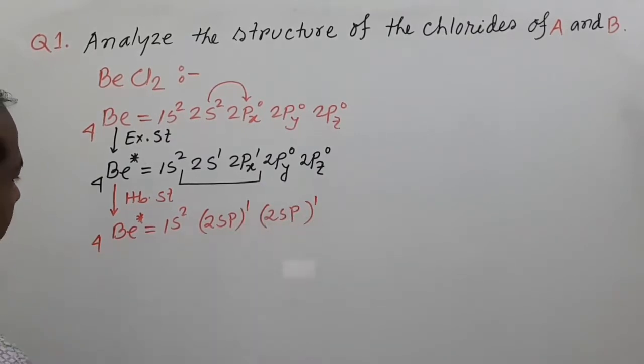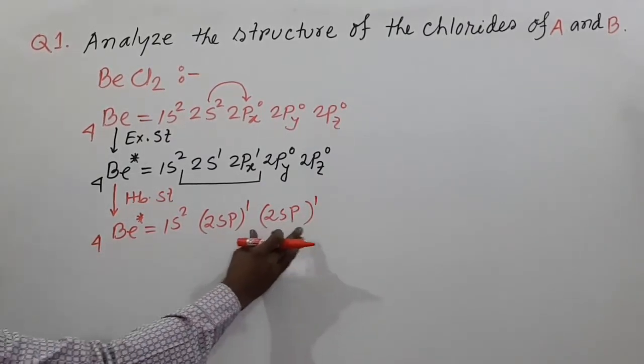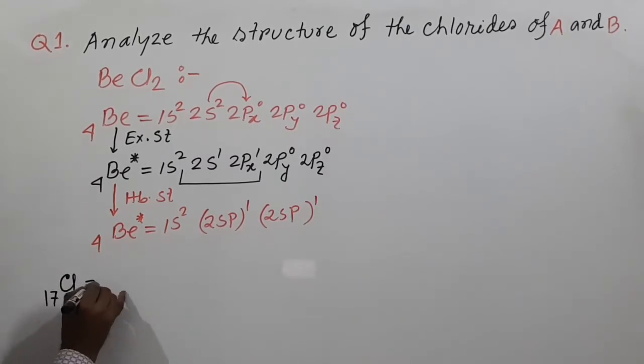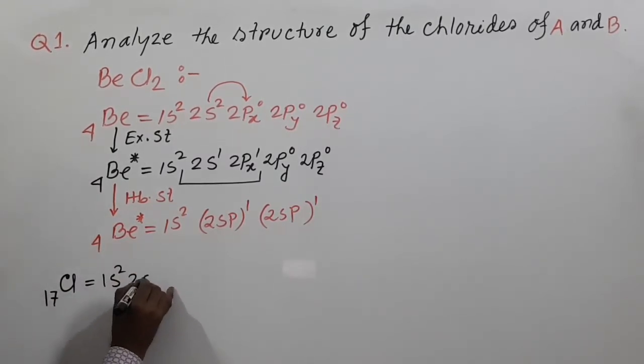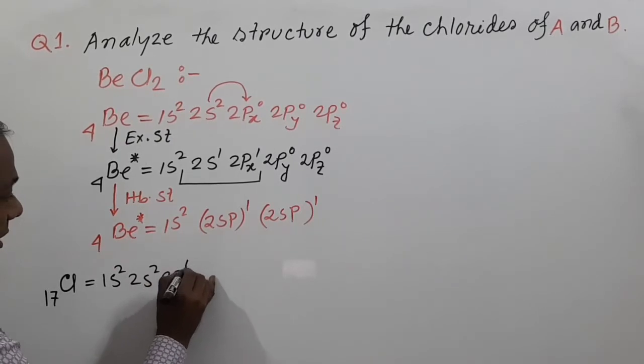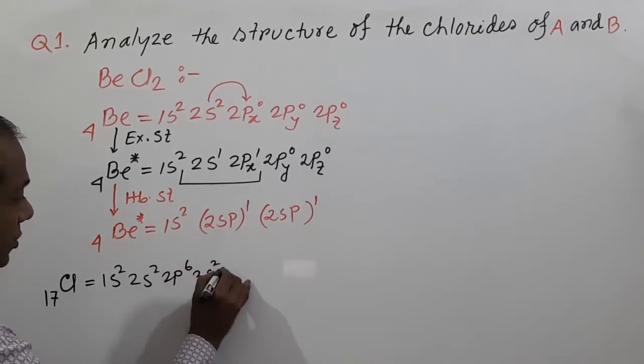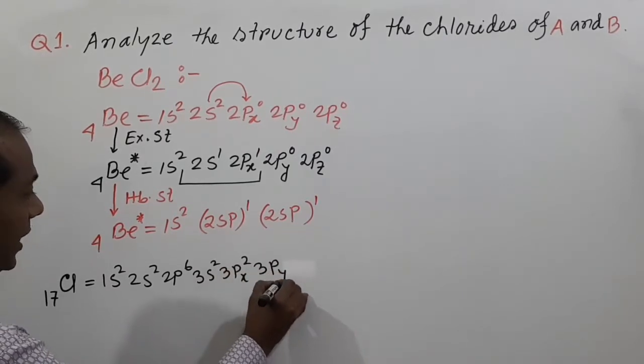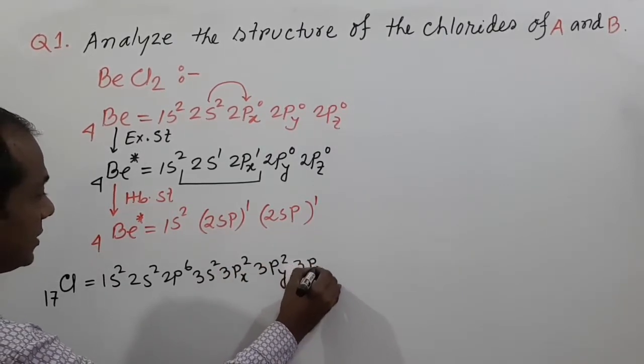so we write here 1 and 1. Now this sp hybrid orbital overlaps with the unpaired electron of chlorine. We write the electronic configuration of chlorine here, chlorine 17: 1s2, 2s2, 2p6, 3s2, 3px2, 3py2, 3pz1.